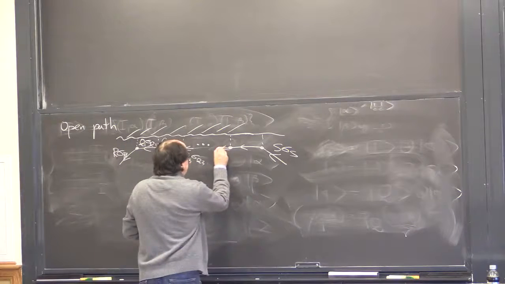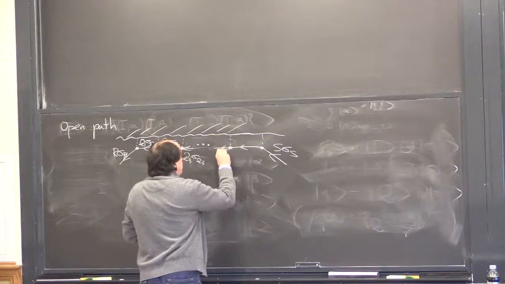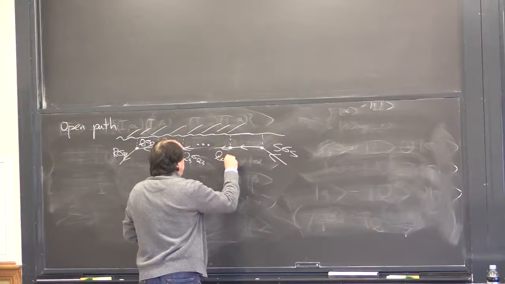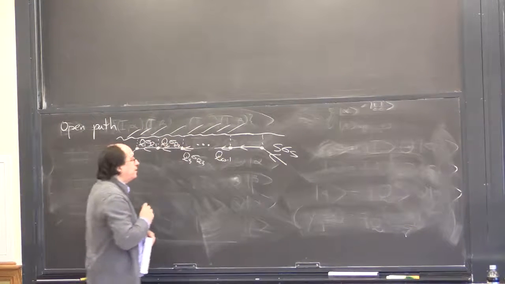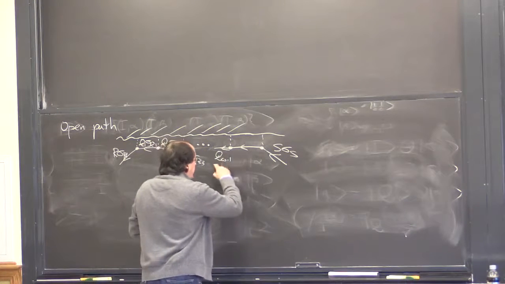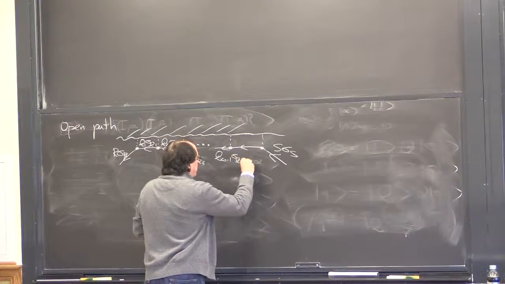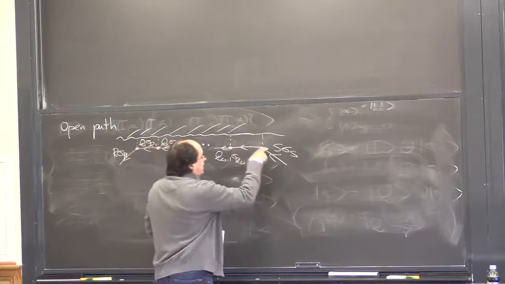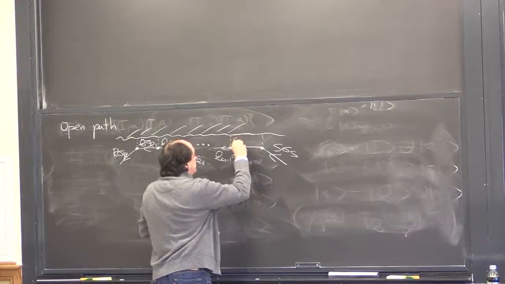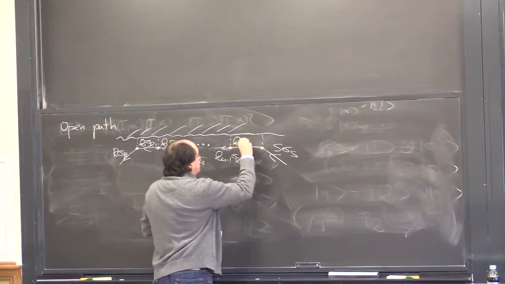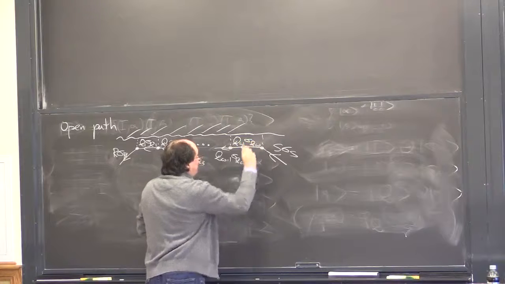And for the last ones in this picture, let's call this one Q omega minus 1. I'm going to assume there are omega internal lines. So Q omega minus 1, sigma Q omega minus 1. And the last internal line in our picture will be Q omega, sigma Q omega.